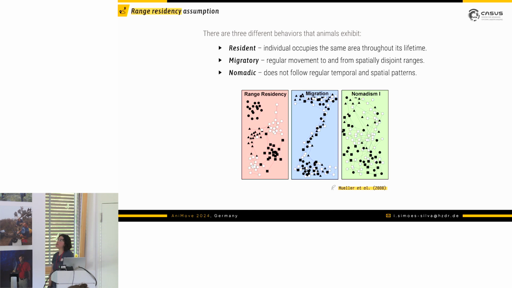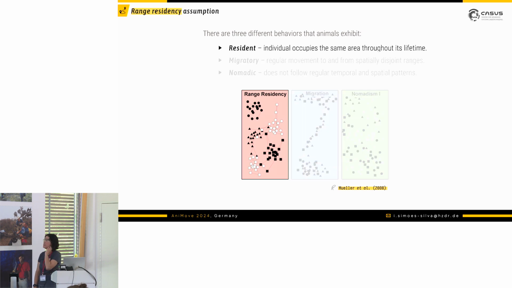Because in most cases for CTMM methods, and especially for home range estimation within CTMM, you have to have this range residency assumption fulfilled. So in most cases, if you have a migratory or nomadic species, it's difficult to get good, biologically meaningful estimates of home range. So typically, we're more focused on range residency species.